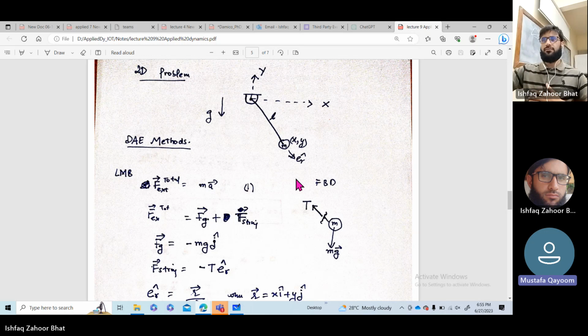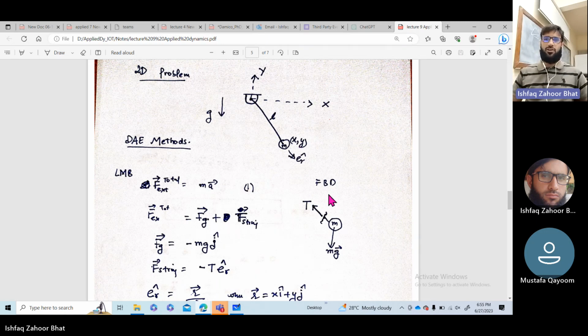Yes, sir, it is clear, but e_r? e_r is a unit vector. Like we have i cap in this direction, we have j cap in this direction, I am defining e_r hat in this direction, and you see that this unit vector will be in this direction when mass is here. When mass is here, it will be in this direction. When mass is here, it will be in this direction. So this is the radially outward unit vector.